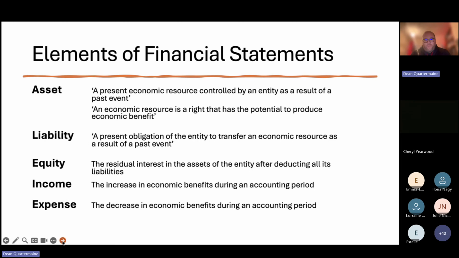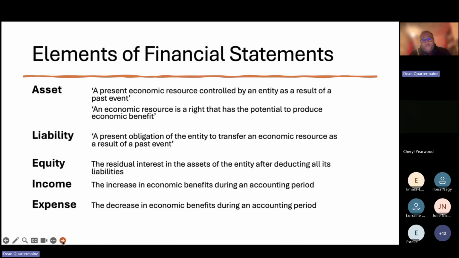But certainly at the lower levels, we talk about assets as being things that we own. And we talk about liabilities, things that we owe. Yeah, well, when we get to level 4, we need to be a little bit more scientific than just, well, an asset's something we own and a liability is something we owe.